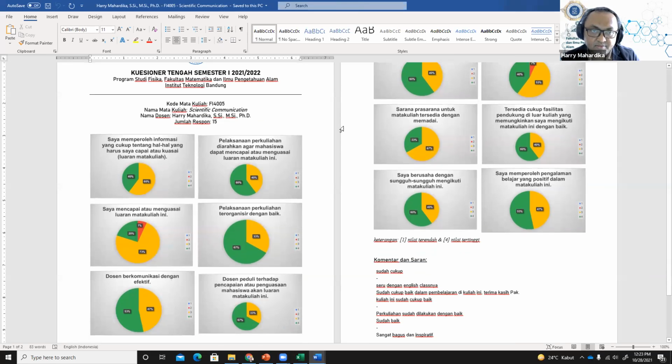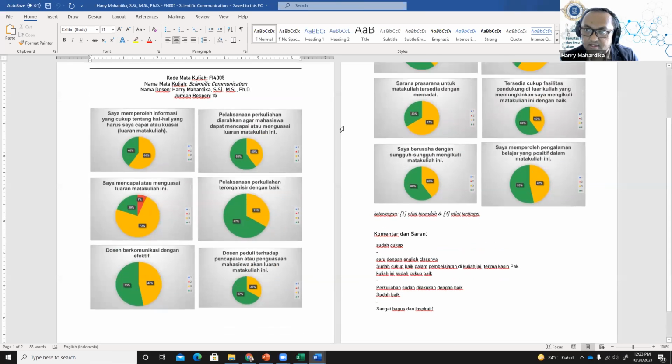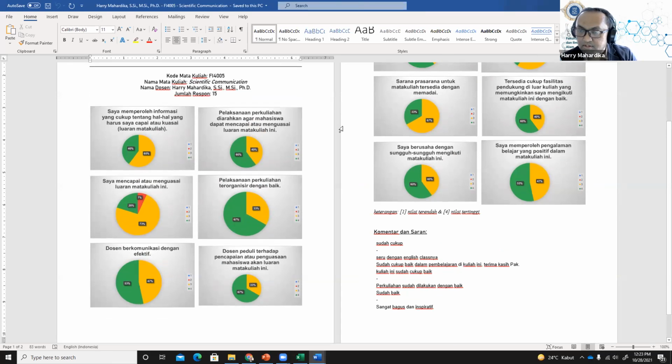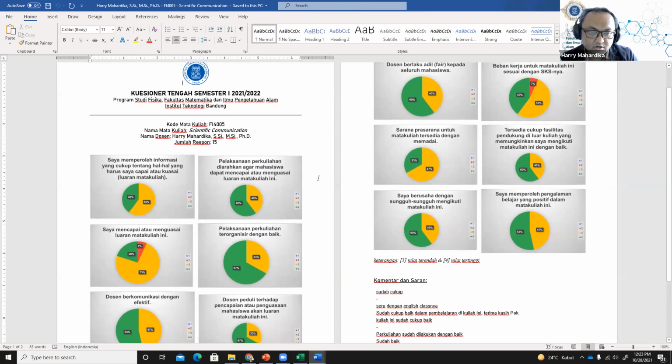So from the scientific communication questionnaire, we got 15 respondents from 24 students enrolled in this class. Most of you gave a good score for the outcomes. I guess 1 is the lowest mark and 4 is the highest mark.